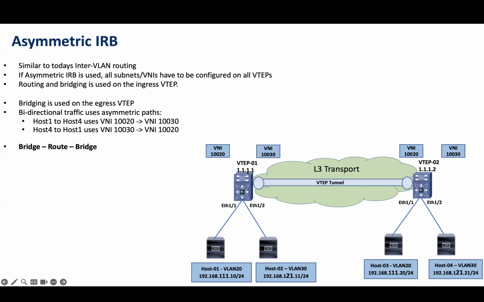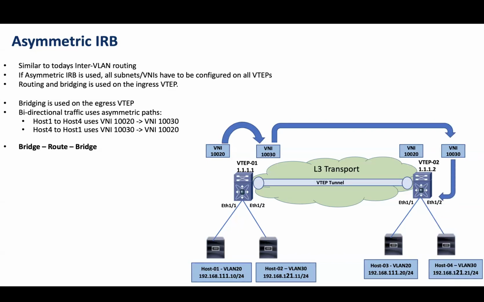So this VTEP will perform routing, means traffic will be routed from VNI 120 to VNI 130. It seems like routing the traffic from one VLAN to another VLAN. Then this traffic will be sent via Vxlan fabric to the remote VTEP. At the remote VTEP, decapsulation will happen and traffic will be bridged towards destination.